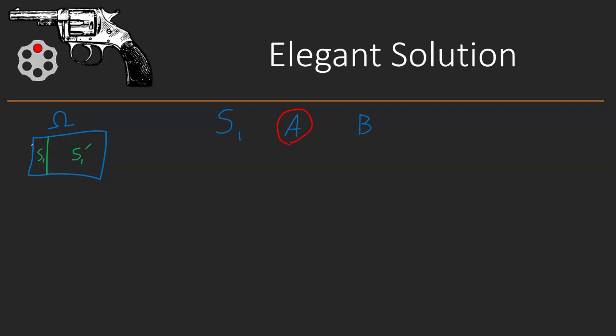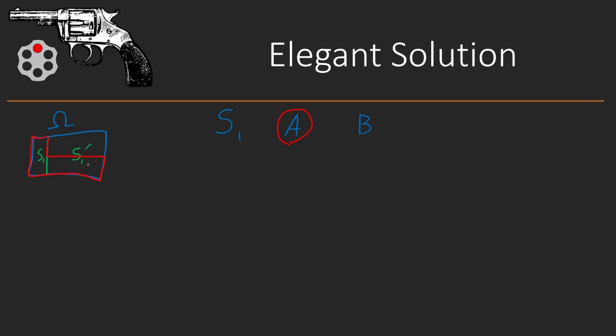We can say that if S1 happens, then for sure A also happens, because if the first shot is a kill, then A dies immediately as soon as the game starts, right? So all of S1, and then some subset of S1 conjugate. We don't know what this subset is, but we know for sure that there's some non-zero part here.